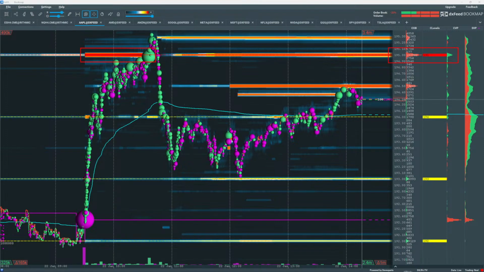Above price, those are sell orders, and those sell orders can act as a magnet for price. In this case, they did. They were consumed, and then price reversed lower. And the key really was to watch Hero, watch the call line, and see what traders were doing with calls.